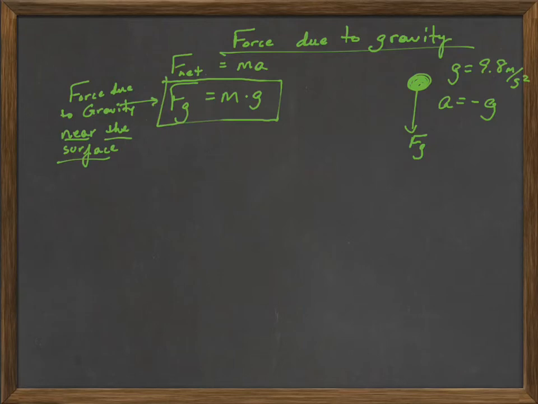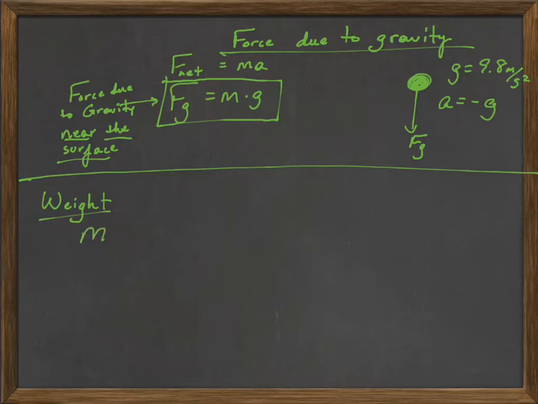Okay, and so this has something to do with another number that we're familiar with. That number is called weight. So what is weight? Well, let's start with mass. It's important to understand that mass and weight are not the same thing. Hopefully some of you already know this, but it's important to state it.